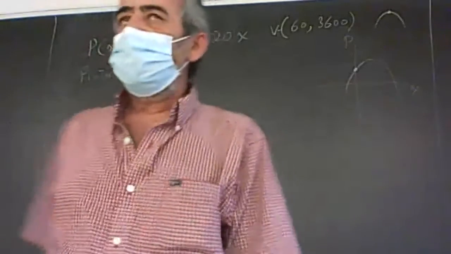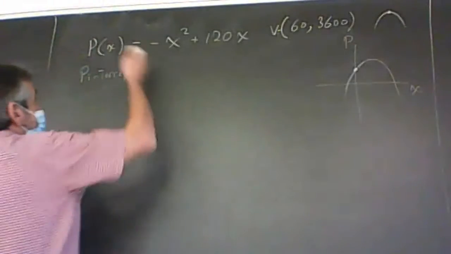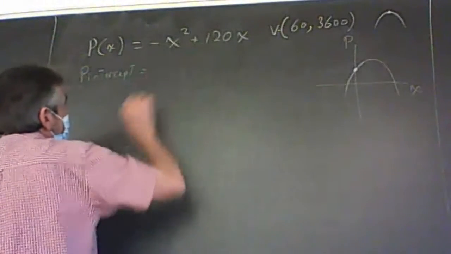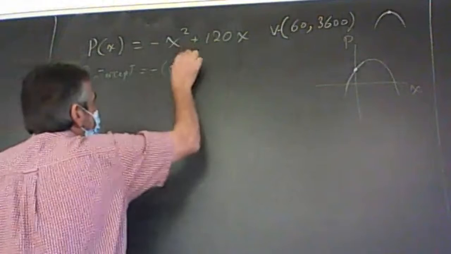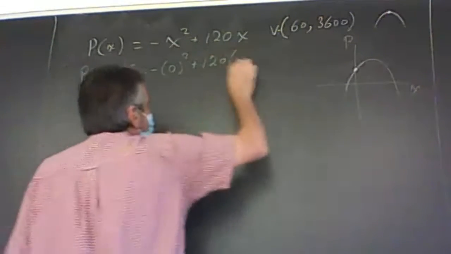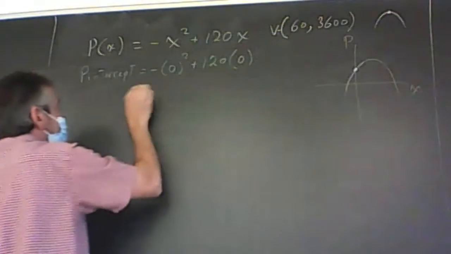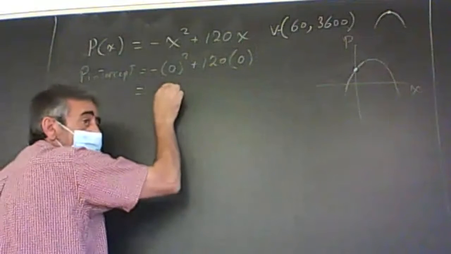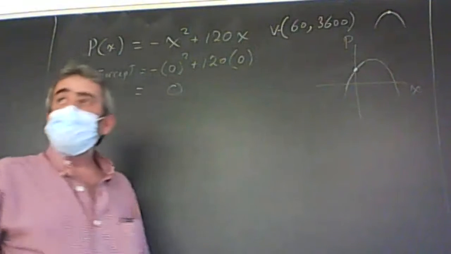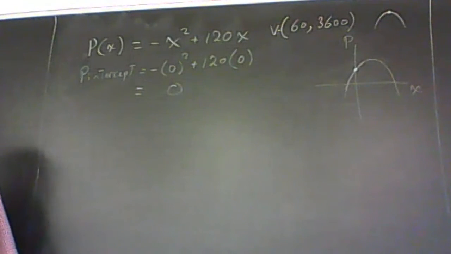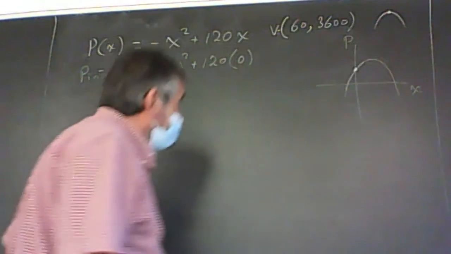So when the profit is 0, let's substitute 0 for x, we end up with negative 0 squared plus 120 times 0, and that's equal to simply what? 0. 0 plus 0 is 0.